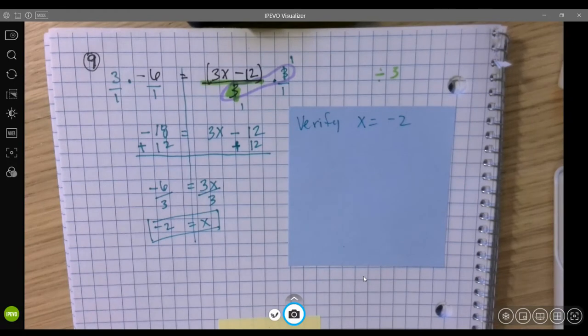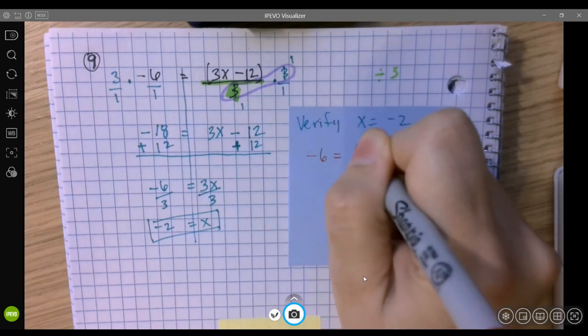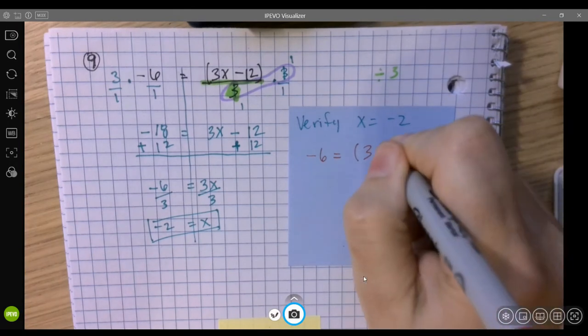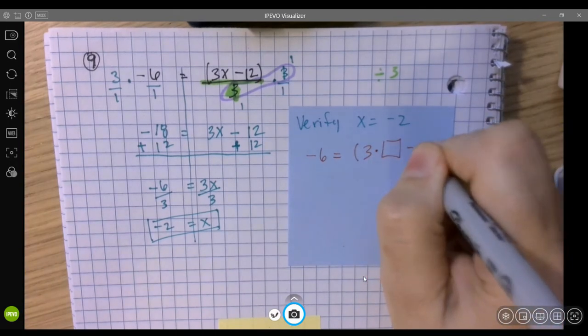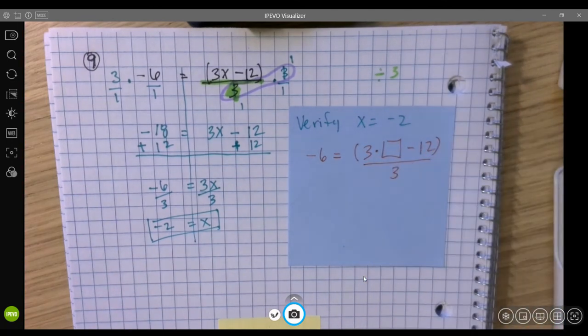My original equation was -6 equals 3 times whatever x is, minus 12, and then all that divided by 3.